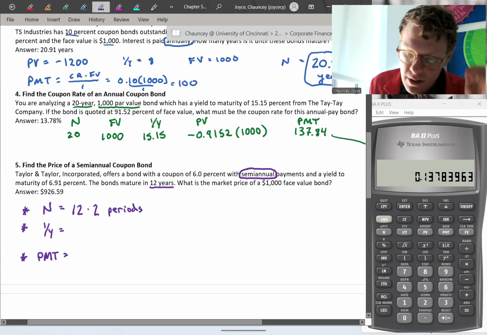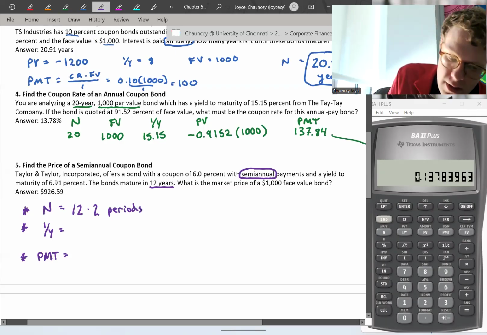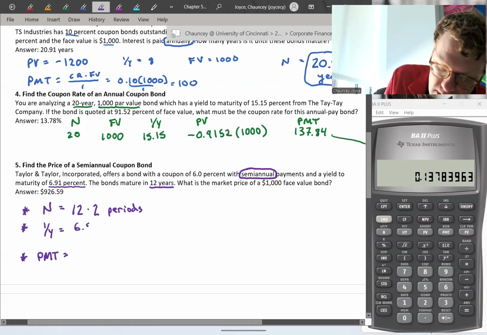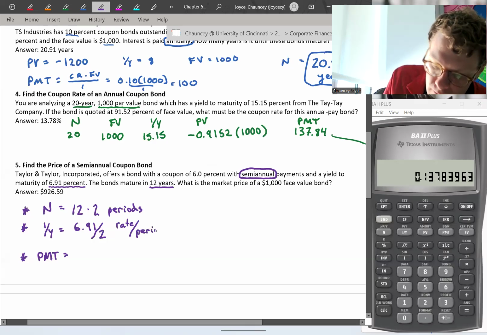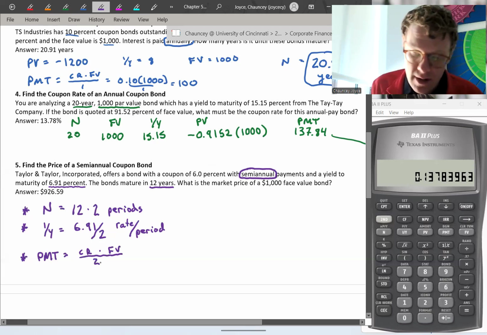Your yield to maturity needs to be a yield per period, and it's convention to quote yield as an annual percentage rate. So a rate per year divided by 2 6-month periods in a year would get you to a rate per 6-month period. Your coupon payment is equal to the coupon rate times face value divided by 2, because this is 2 payments in a year now.